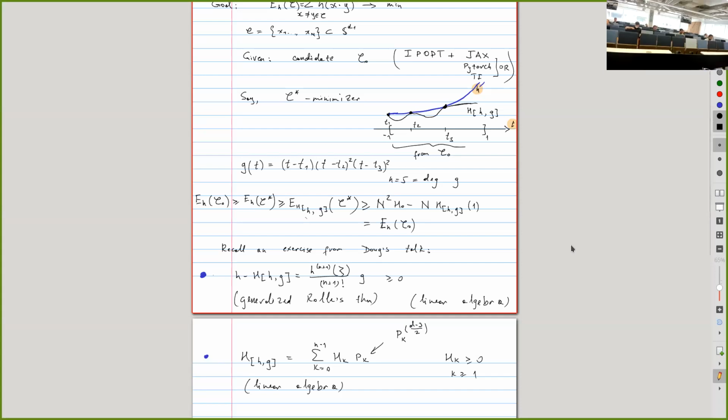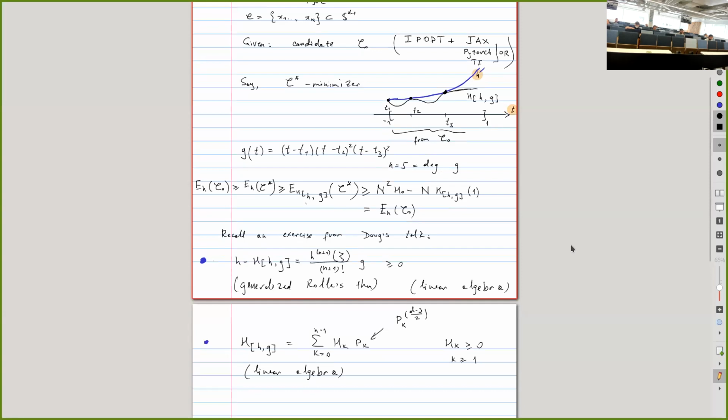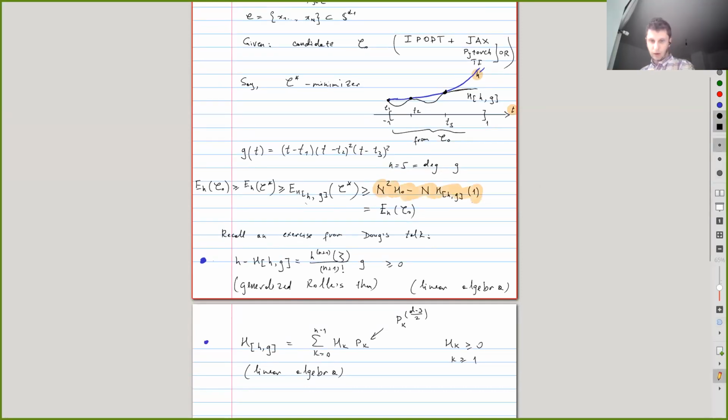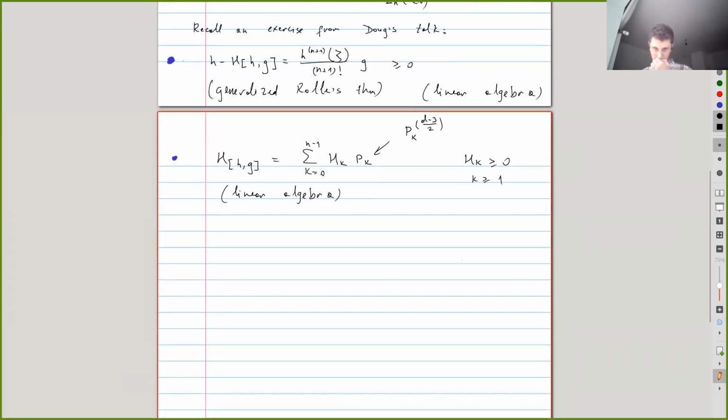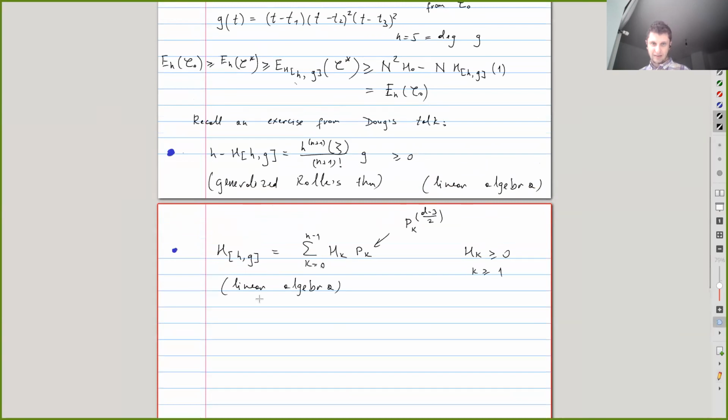So where did this lower bound come from? The n squared? This here. Okay. So this was a couple of Doug's slides back. Let's see. What is this expression?